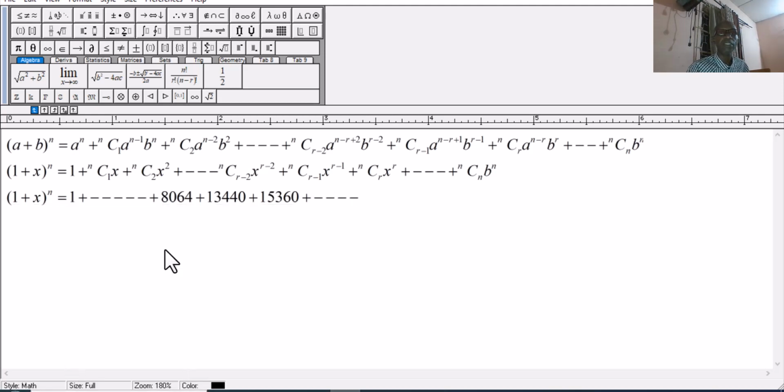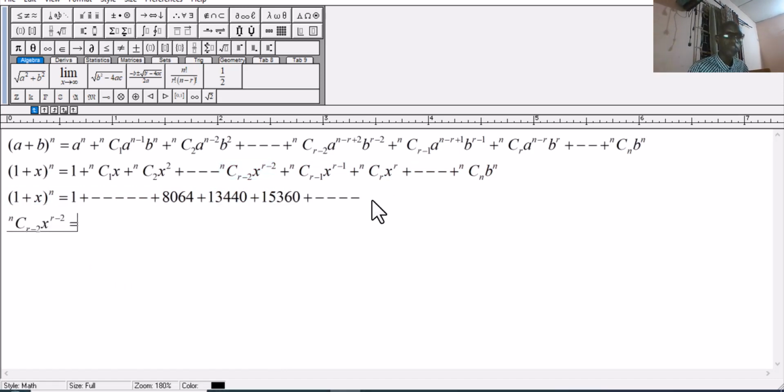So that means that we can copy this out. So this is equal to 8064. The next one is equal to 13440.